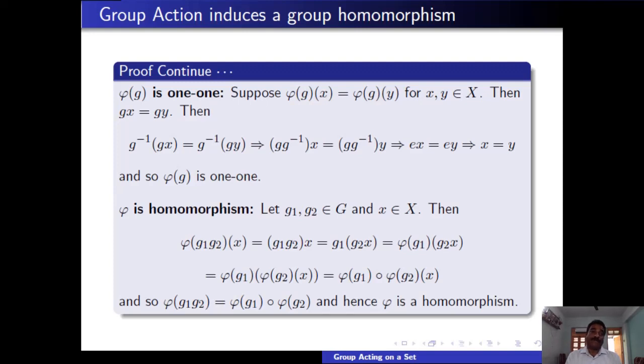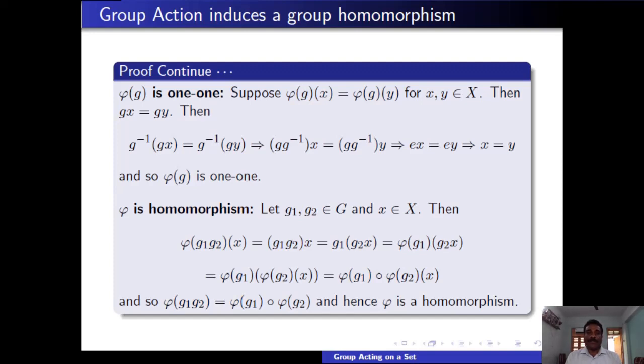Now, we have to check whether this phi is a group homomorphism. That means we have to show that phi of g1 g2 is equal to phi of g1 composite phi of g2 for any g1, g2 in G. So let us take two elements g1 and g2 belonging to G and x belonging to X. Then, by definition, phi of g1 g2 of x is equal to g1 g2 into x.